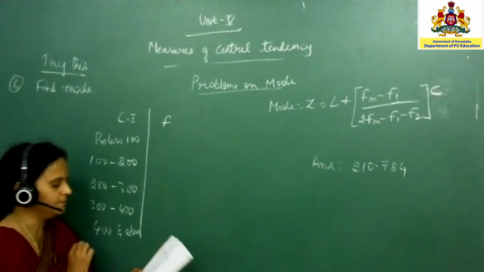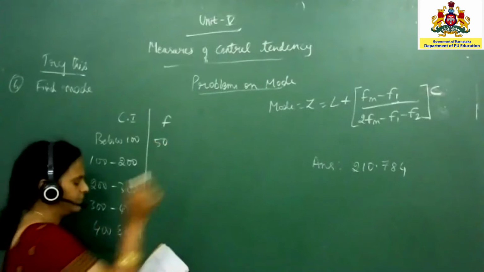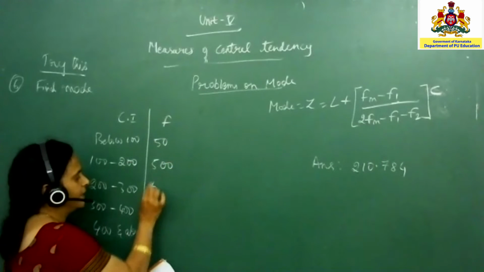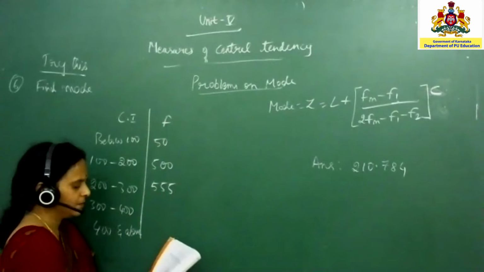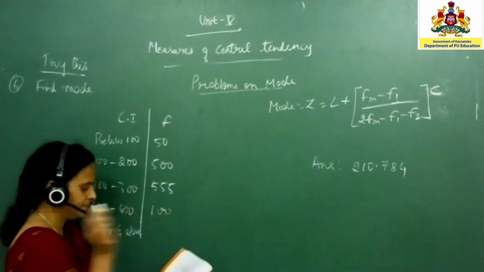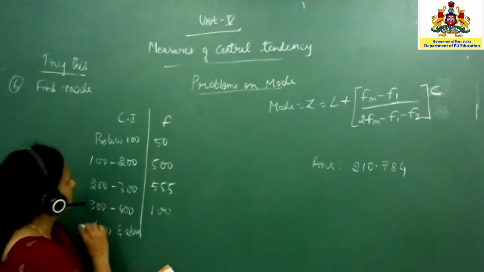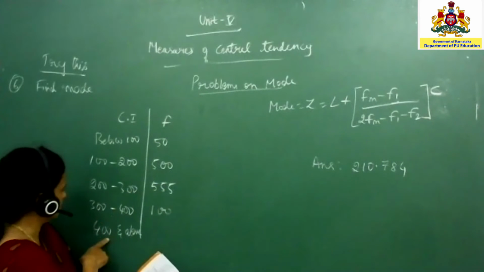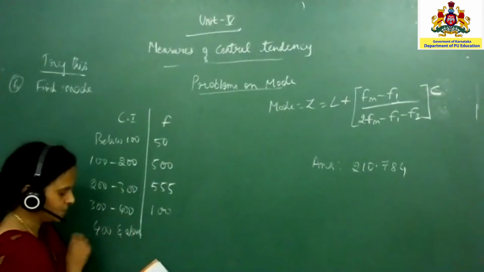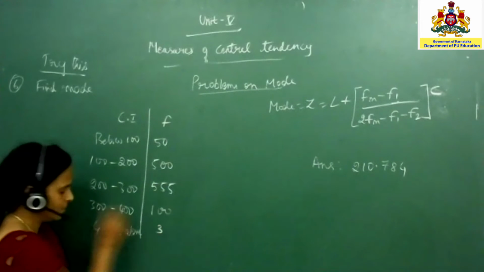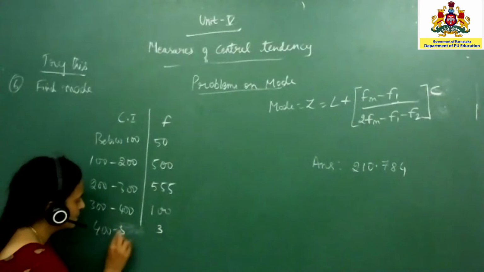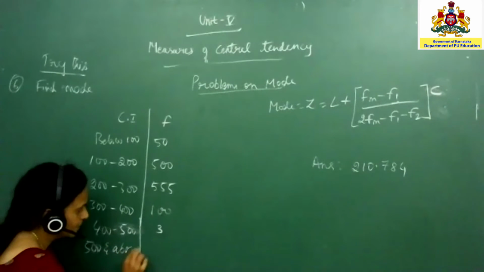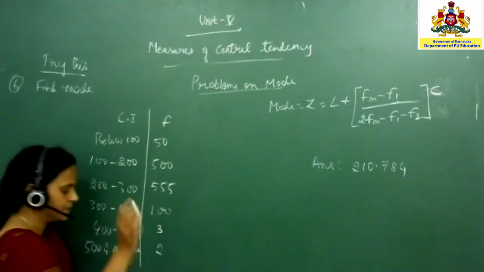The frequencies in the second column are 50, 500, 555, 100, 3, and the last frequency is 2.